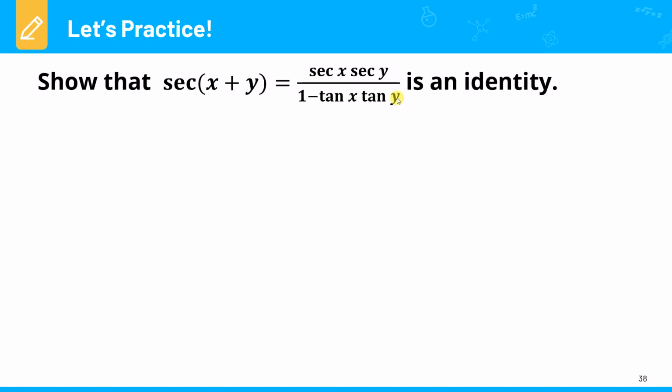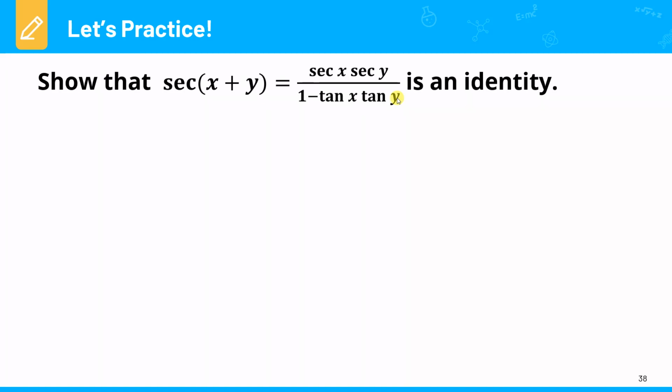Another one: we have to show that secant of x plus y is equal to secant x secant y all over 1 minus tangent x tangent y. We have to show that these are identities. As we can see here, the right side is somehow more complicated compared to the left side.